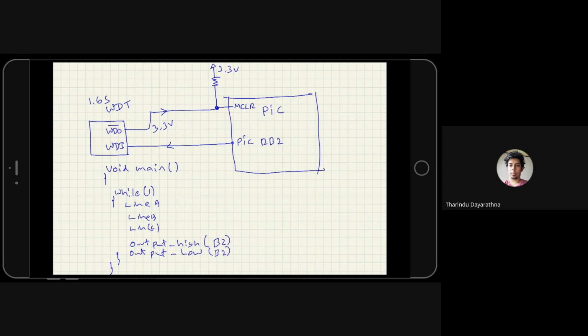You should not take too much time when you run these codes, okay? If it is greater than 1.6, even though your code is correct, your PIC will get reset. This line should run very fast. If I put too much code and it takes more than 1.6 seconds, that is dangerous.